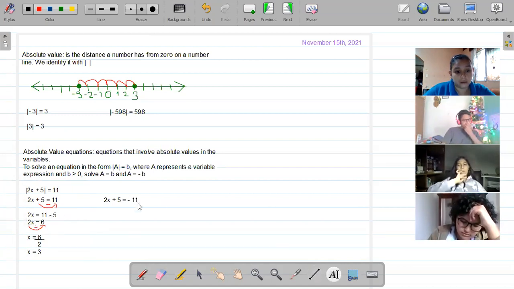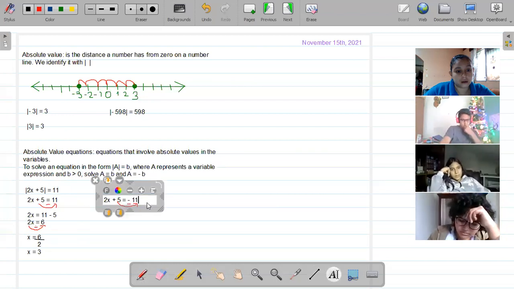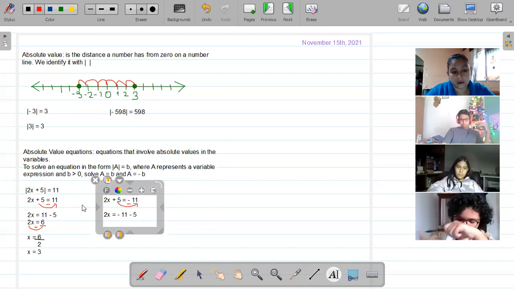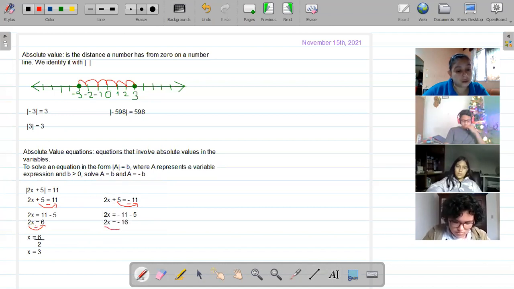Now the second part, it was going to be this one. Same thing: 5 is added, it goes subtracting, that part doesn't change at all. So now we have 2x is equal to negative 11 minus 5. So 2x is equal to how much? Negative 16. Now the 2 is multiplying, it goes to the other side dividing as well.